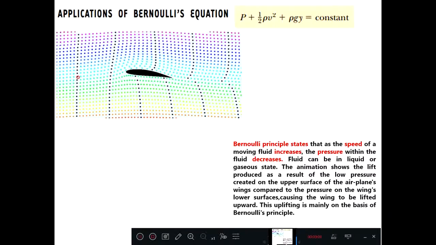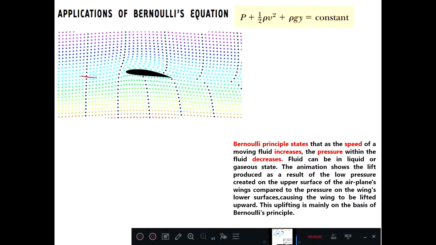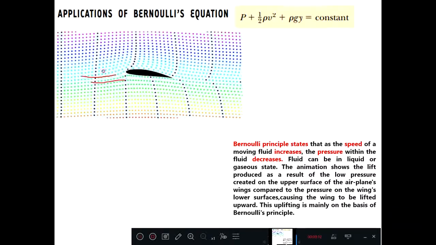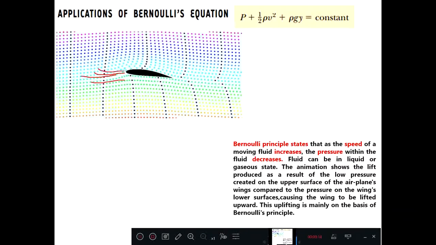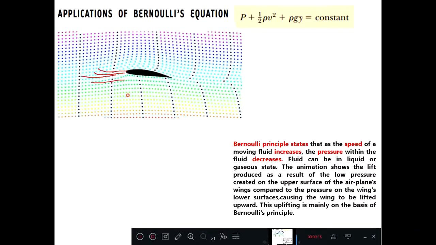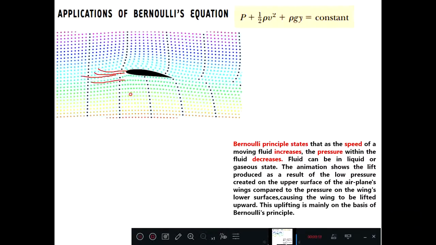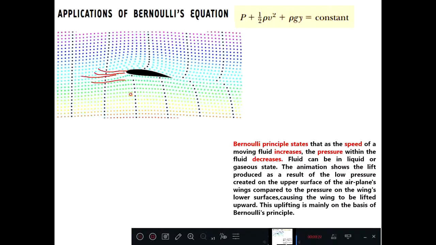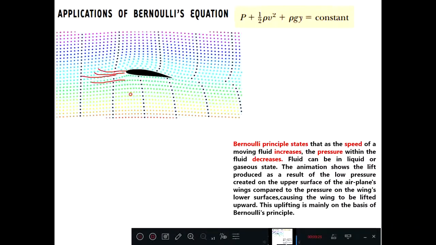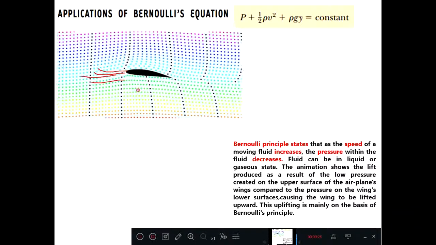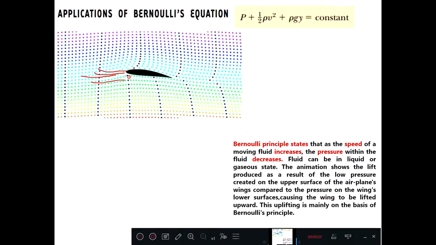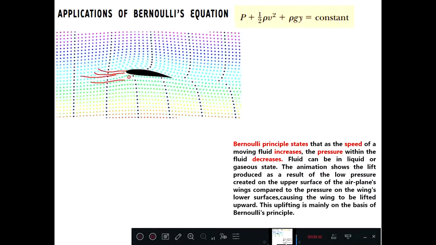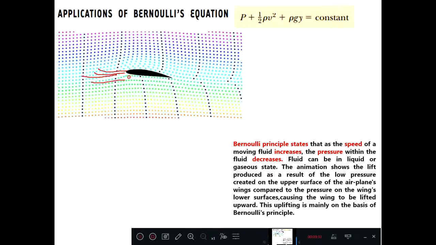See, all the air particles are coming in this direction, they are hitting the aeroplane wing. So the lifting of the aeroplane works on the principle of Bernoulli, and the wings of the aeroplanes are designed in a particular shape.